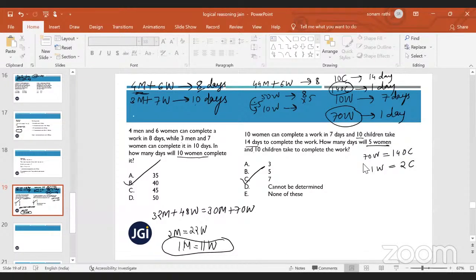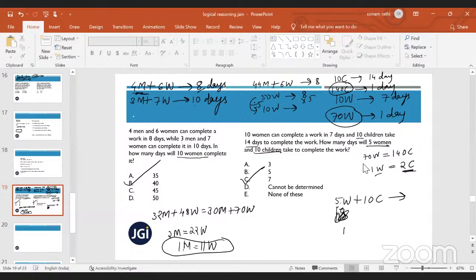So 5 women plus 10 children. 1 woman is 2 children.